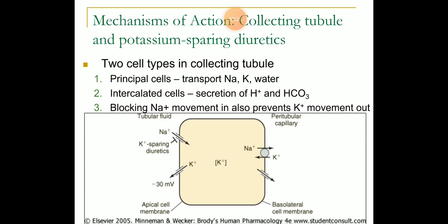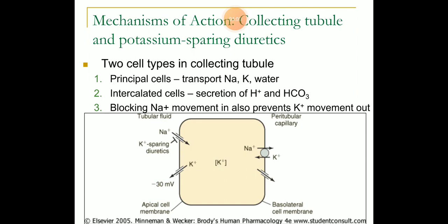Any diuretic acting proximal to the aldosterone sensitive ion exchange site causes an increased delivery of sodium to the distal nephron, and there will be more exchange with potassium. Thus, potassium is reabsorbed in the proximal tubule and also at the thick ascending loop of Henle, but is secreted in the distal tubule and collecting duct.